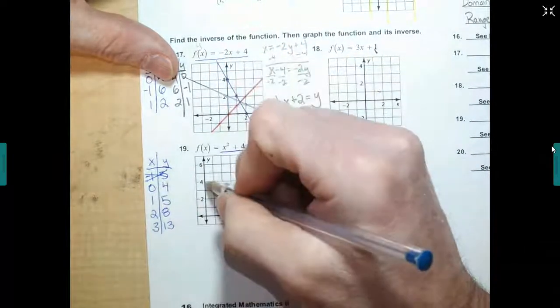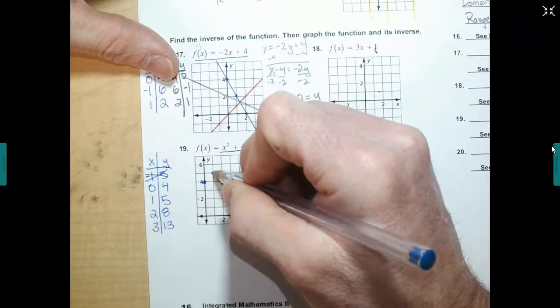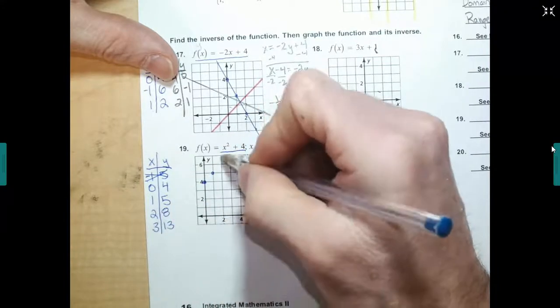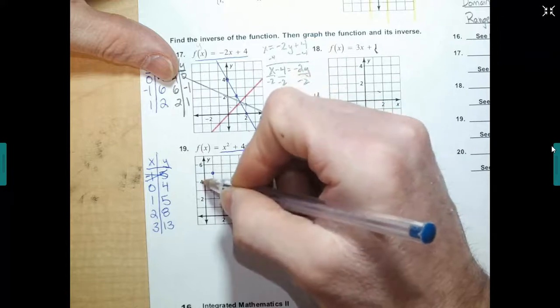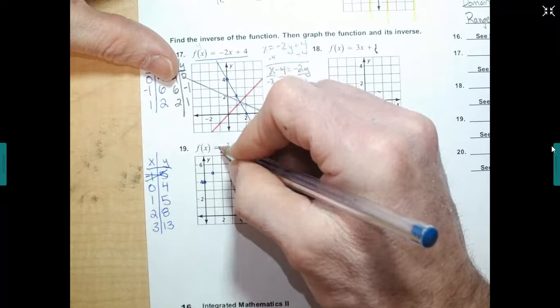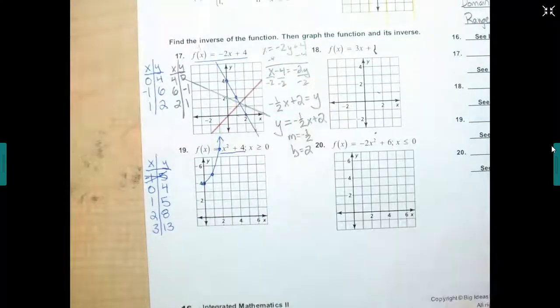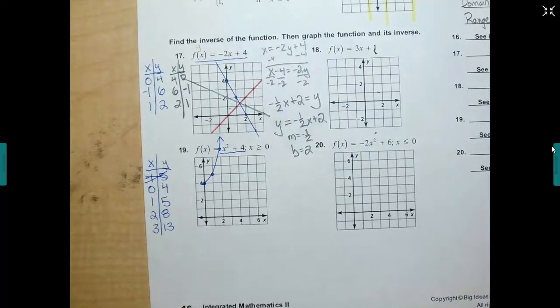So 0, 4. 1, 5. 2, 8. So it's kind of going like this. So there it is.